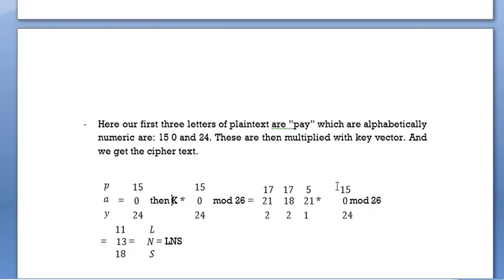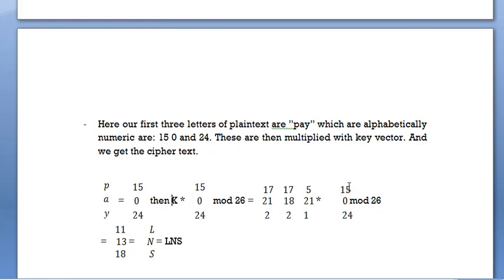Similarly 21 into 15 plus 18 into 0 plus 21 into 24. Then 2 into 15, 2 into 0 and 1 into 24, and then you add them. After adding, you will get all three values.